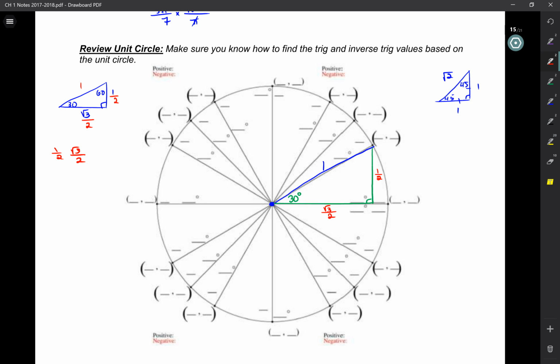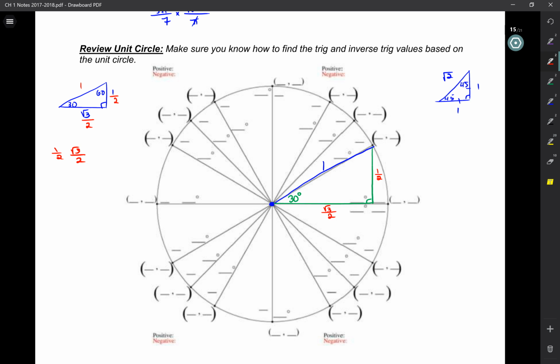That's just baby language, right? What I take from that is that the sine is always going to be this vertical side on the unit circle, and the cosine is always going to be the horizontal side. So if I have a 30-degree angle that faces the smaller leg of 1/2, that must be the sine, this vertical. So this horizontal is the cosine, root 3 over 2.